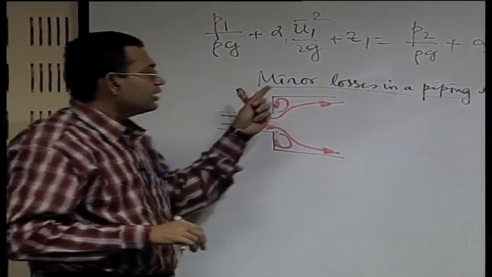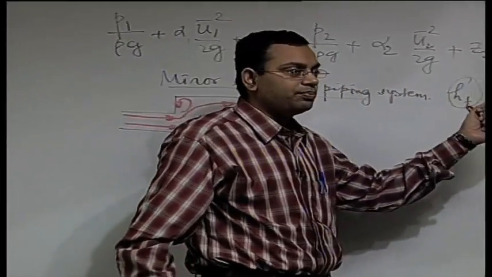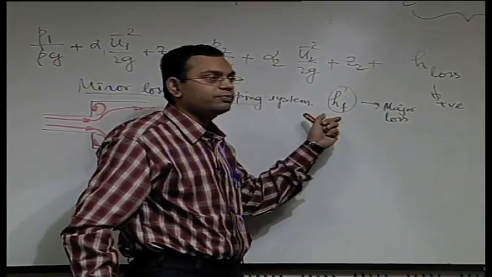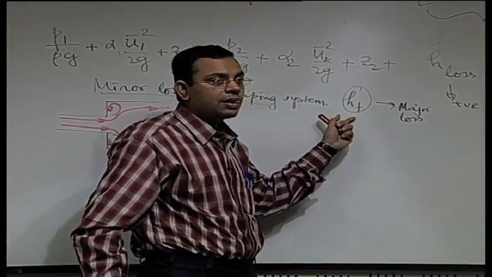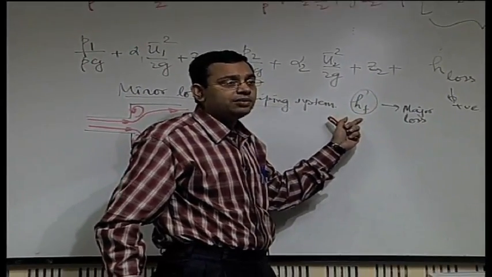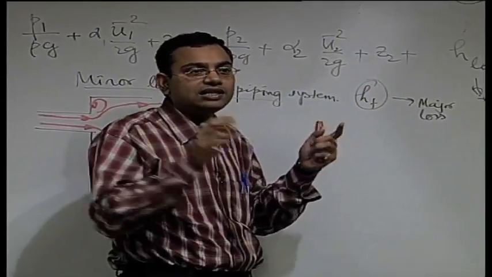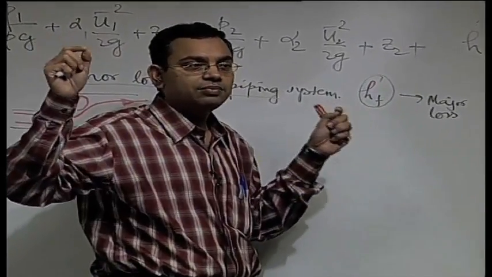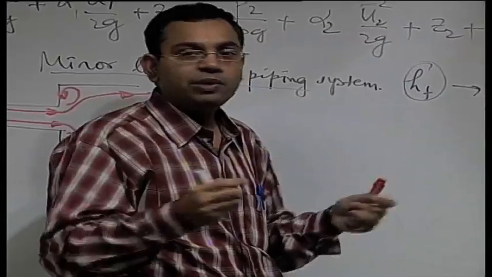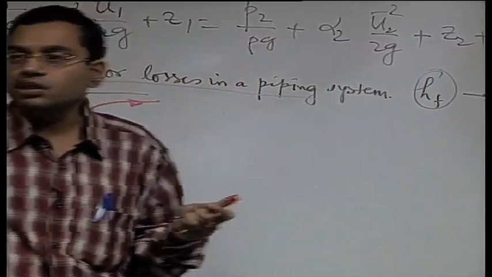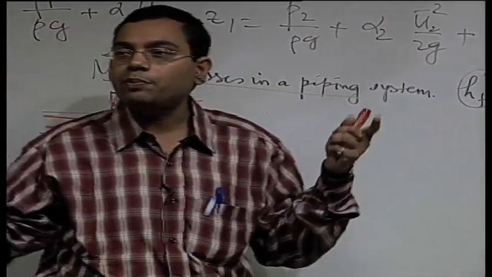Originally the loss considerations came from pipe friction, and in one way it is major because in a pipeline, if there is nothing else, at least the physical resistance because of fluid friction is there over a length. You may not have a valve, you may not have a sudden change in cross section, but the length of the pipe itself is present.